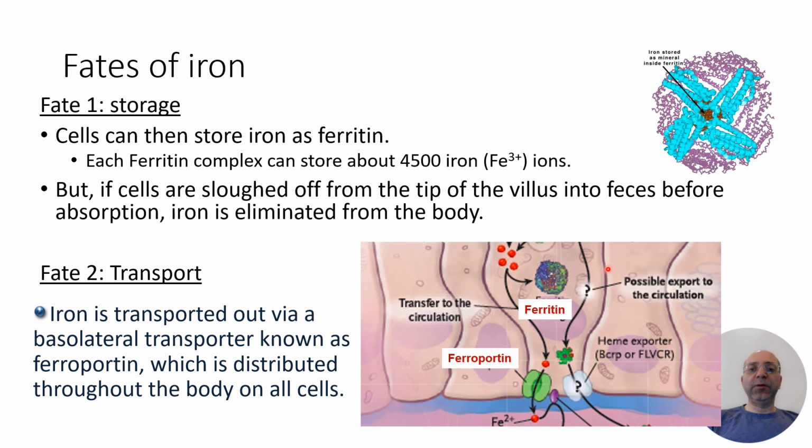Now note something important about ferritin: when the intestinal cells undergo apoptosis and cell death, these cells are sloughed off, meaning they are washed out and removed from the body. Of course, there will be a loss of iron as a result of that.